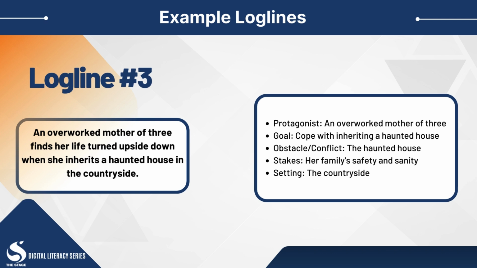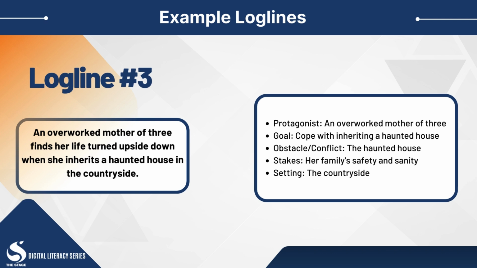You know, when we think of how our mind map is made up, we have that character block coming out of that central idea. We have the character of the mother, and her characteristics are that she's overworked and she's a mother of three.